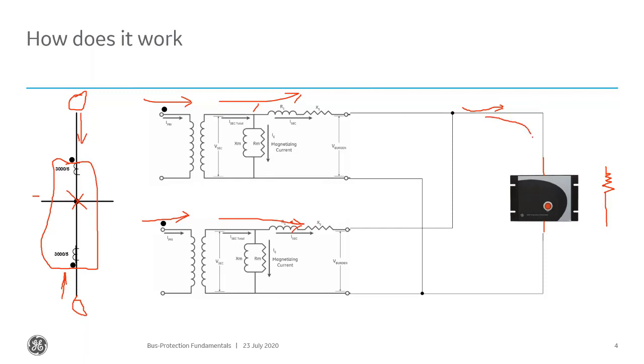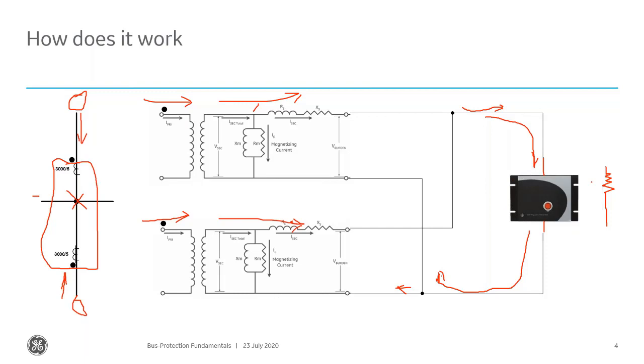In that case, we're going to have current flowing through the resistor here, and then it's going to flow back up here and here.